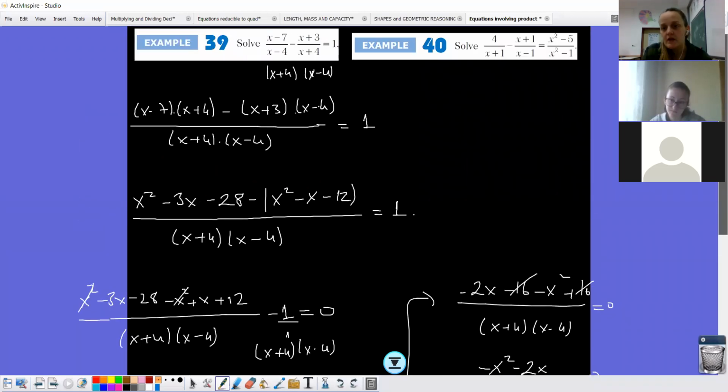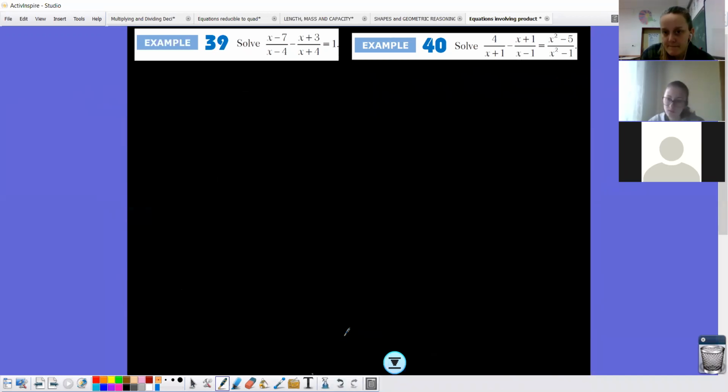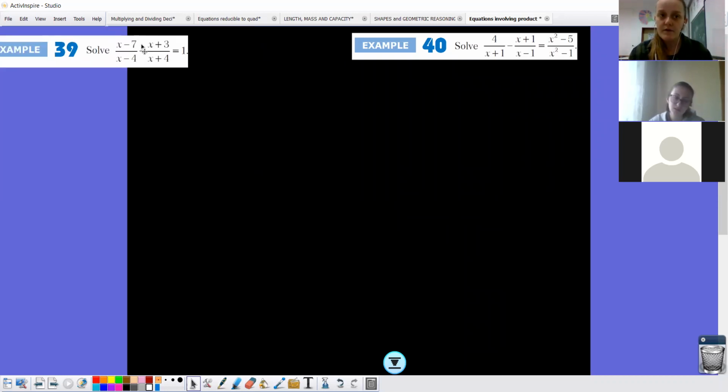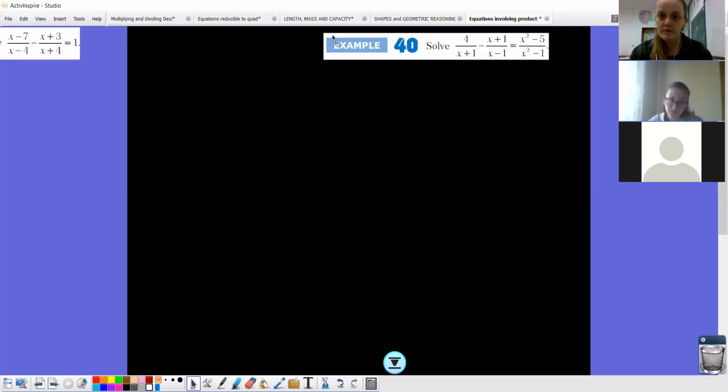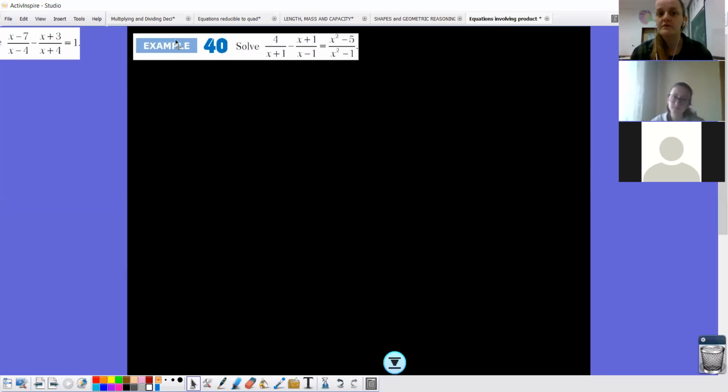Now about this example 4, what will we do here? What do you think? First, in the same way, equalize the denominators. After that, put everything on one side of the equal sign. Also the x squared minus 1 will be the same denominator as the other side.